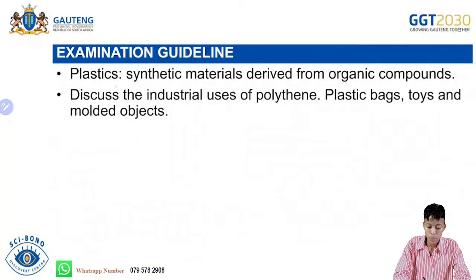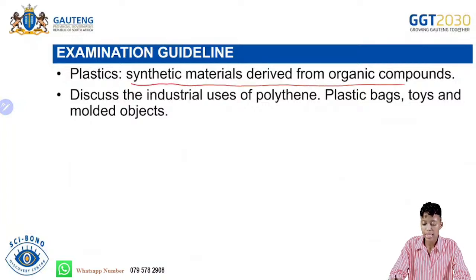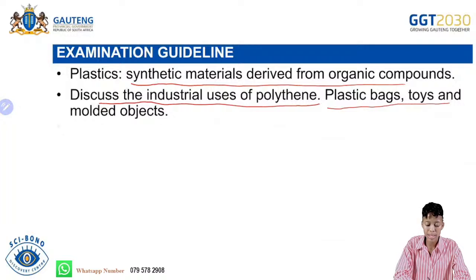Then next we need to know plastics. The definition says synthetic materials derived from organic compounds. Then the examination guideline says discuss the industrial uses of polyethylene. So we can use it for plastic bags, for toys, and for molded objects.